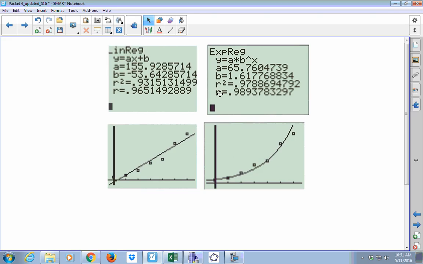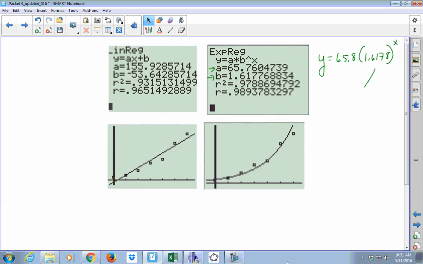And if you use these models that are given right here, notice here the exponential model looks like this. Y equals, your coefficient is, let's call it 65.8. Your base is 1.6178 to the x.